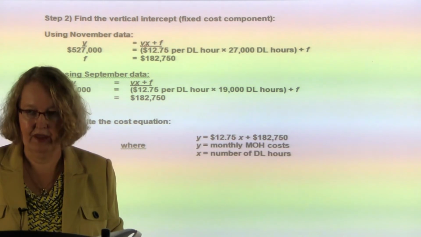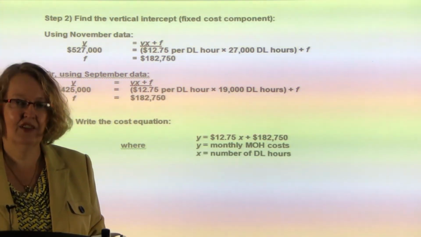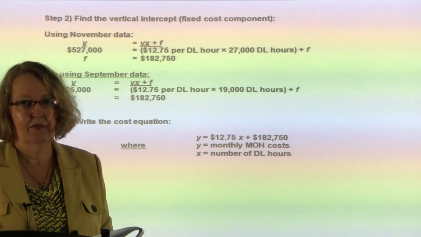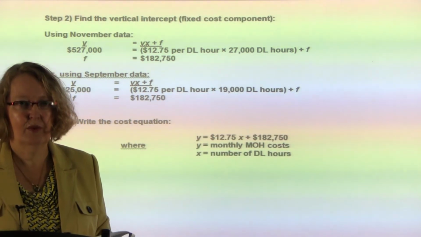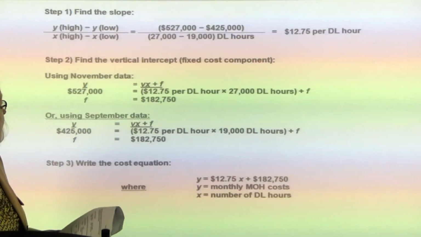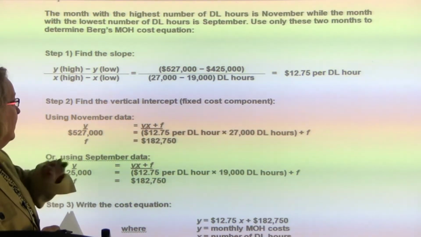With the high-low method, it is fairly simplistic. It's probably not as accurate as some of the other methods, but it's certainly a valid methodology to break out total cost into fixed and variable components. The first step with the high-low method is to find what we call the slope.